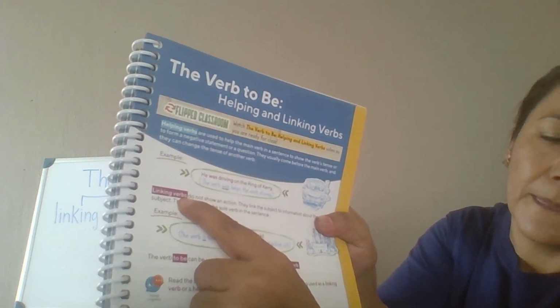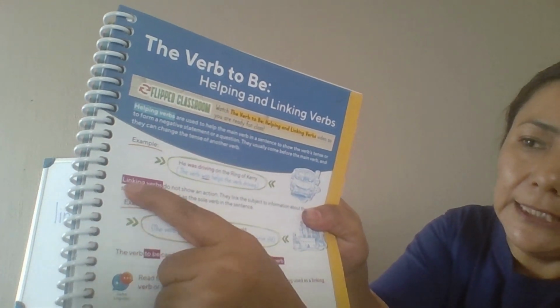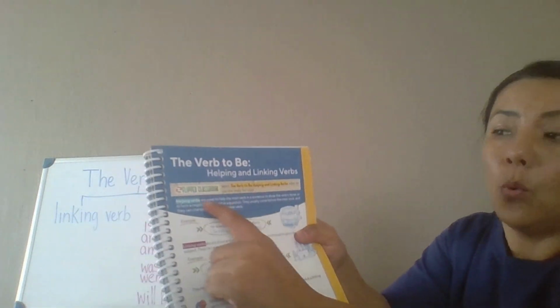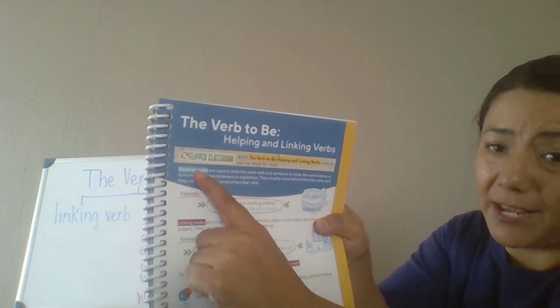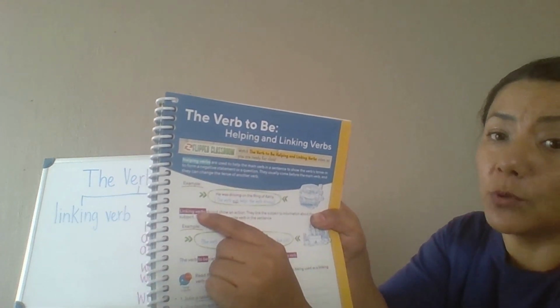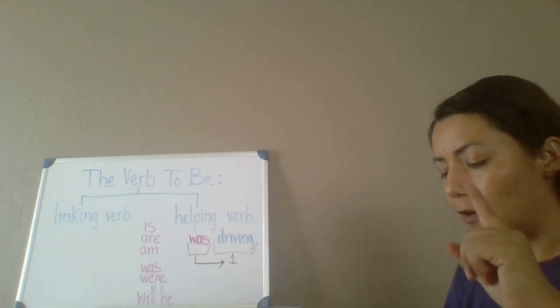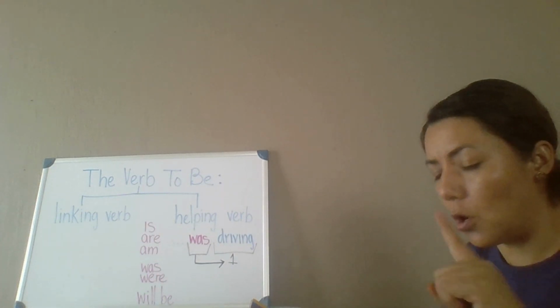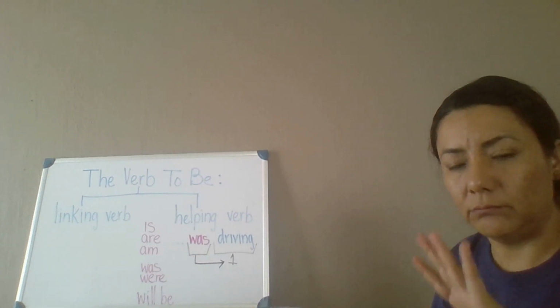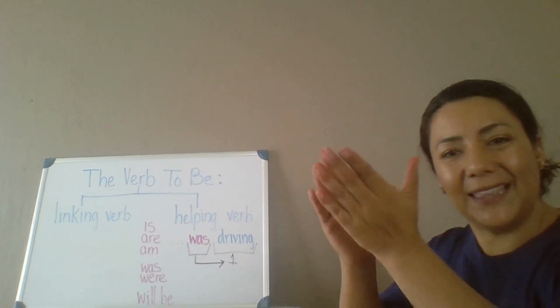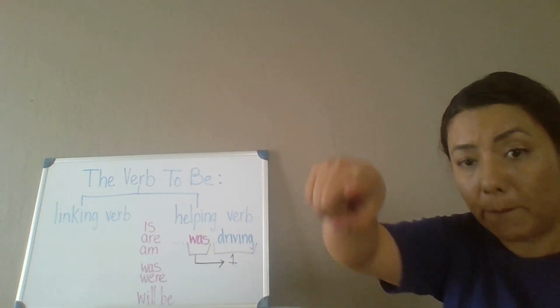down, it says linking verbs. We read about helping verbs. Now let's read about linking verbs. It says linking verbs do not show an action like jump, clap, look, point.